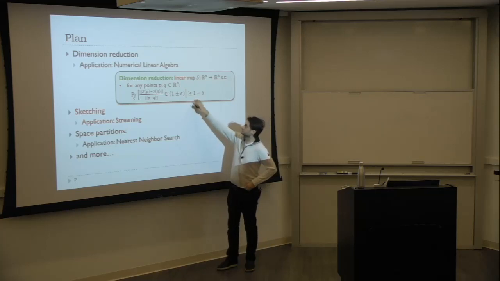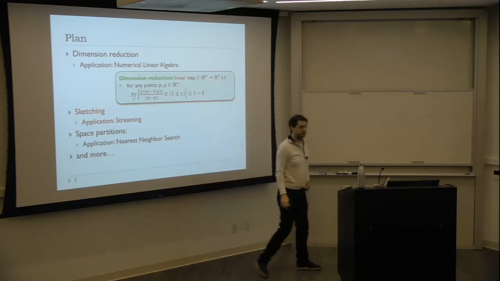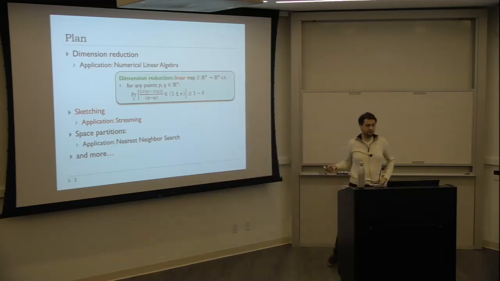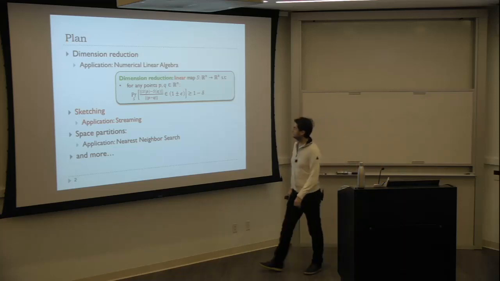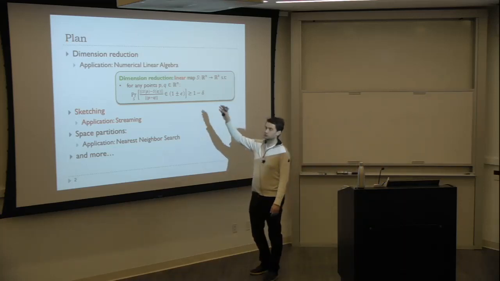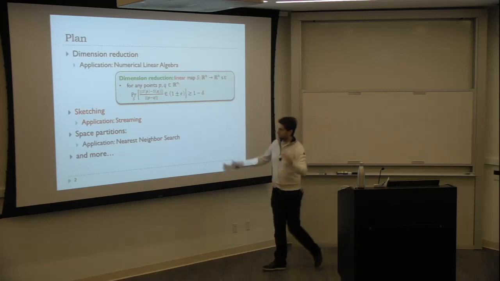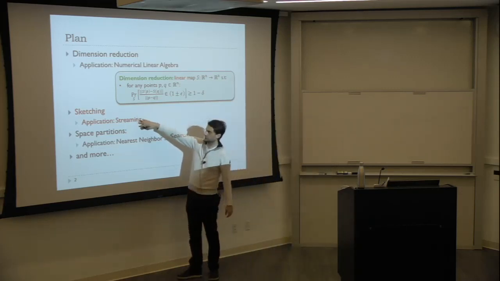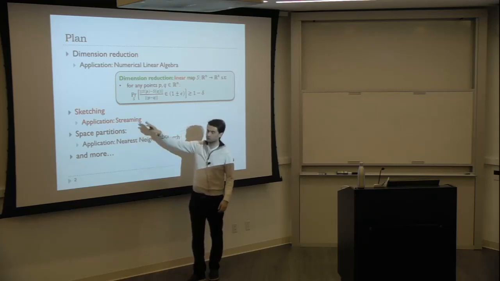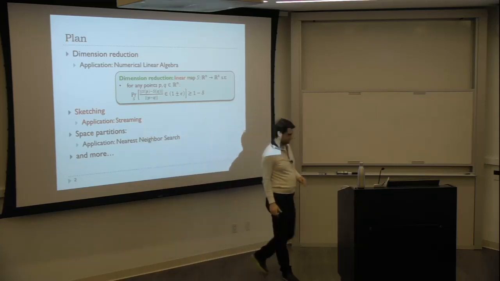These parameters can be achieved with a target dimension which is only a function of epsilon and delta. This has been useful for L2 regression, for example. Today, the second lecture will be about sketching.